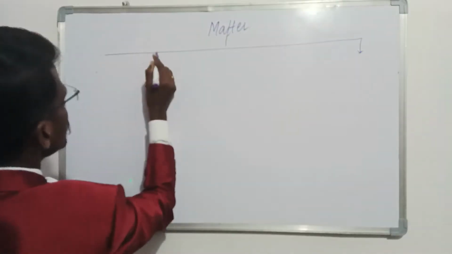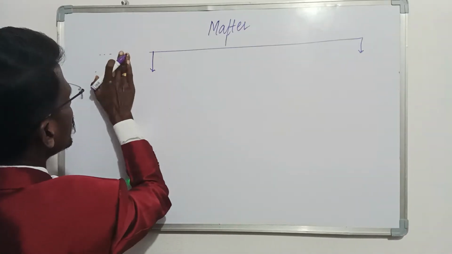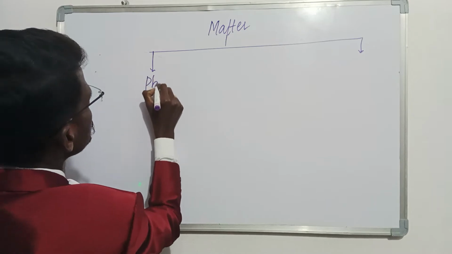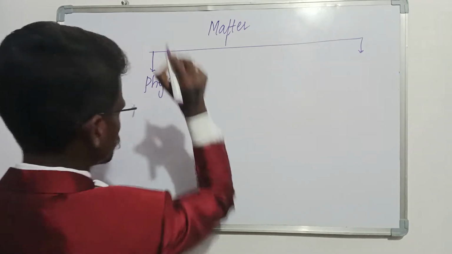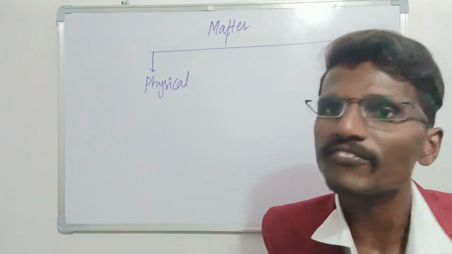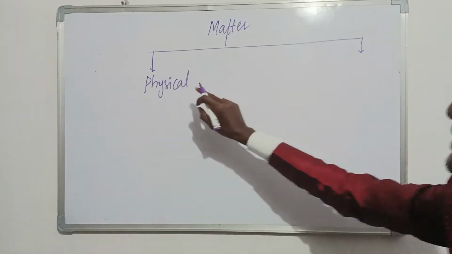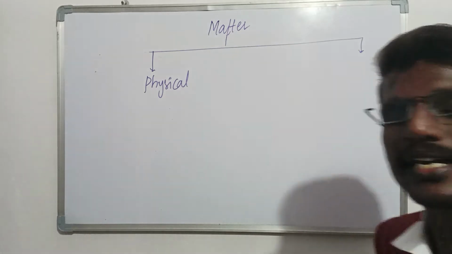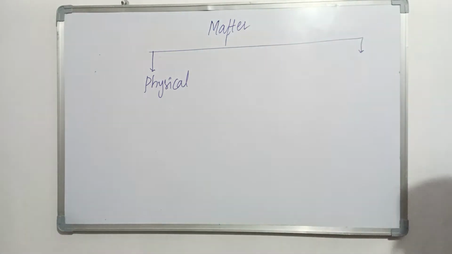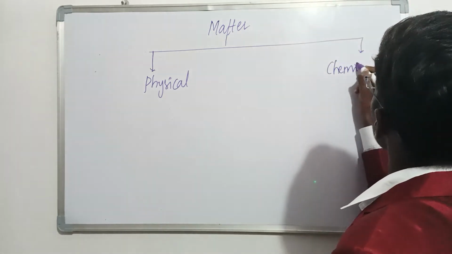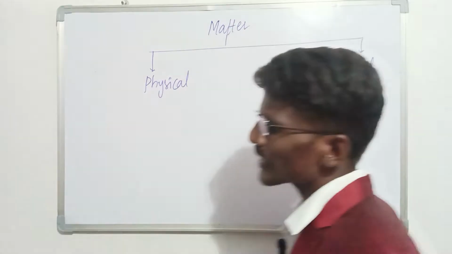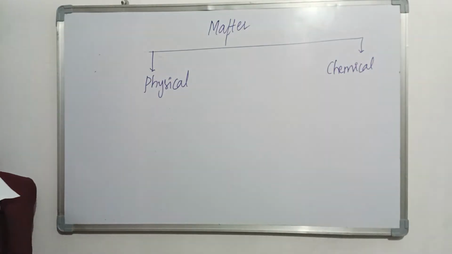One is based on physical properties, which is called physical classification. Then, based on chemical properties, it is called chemical classification.